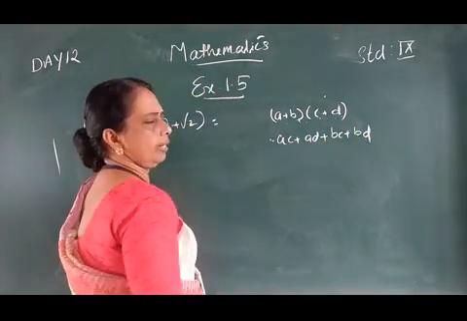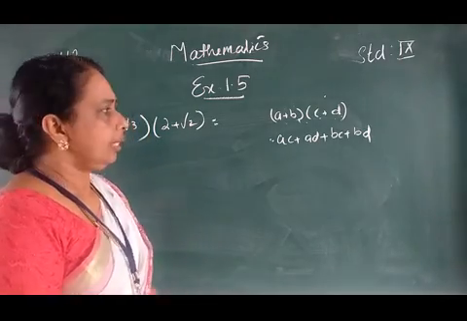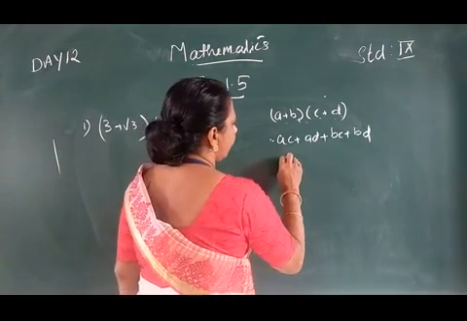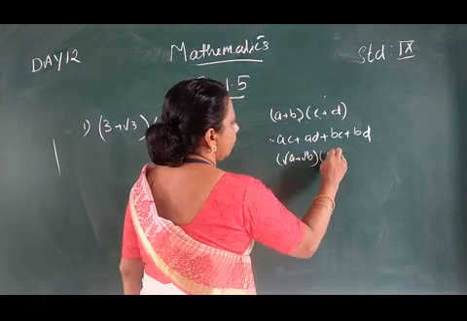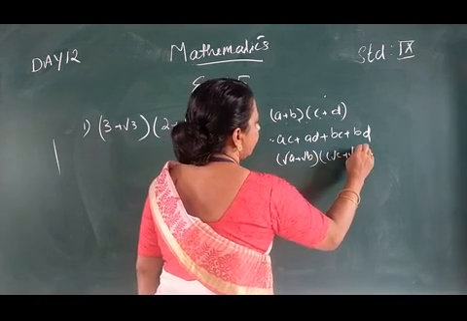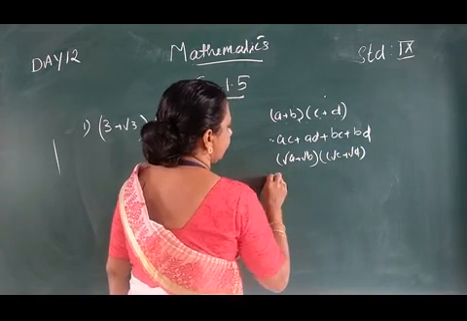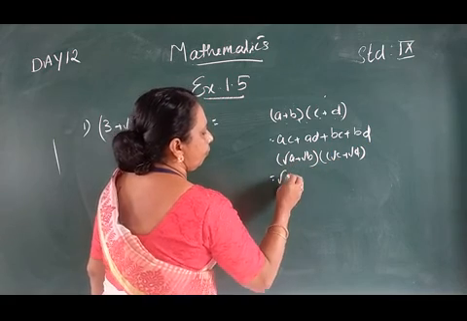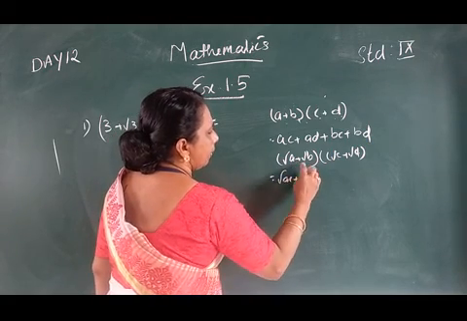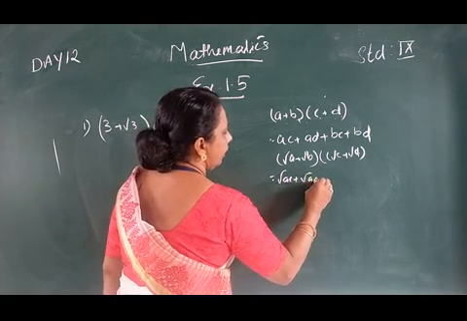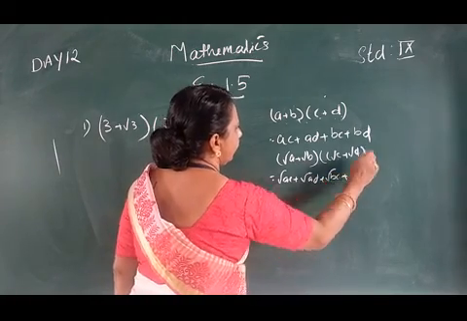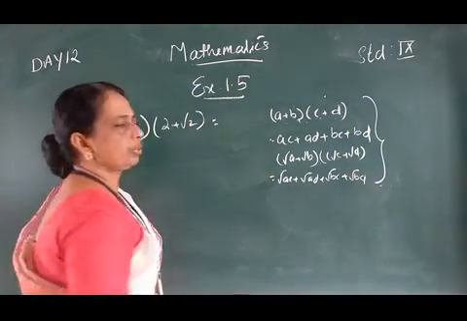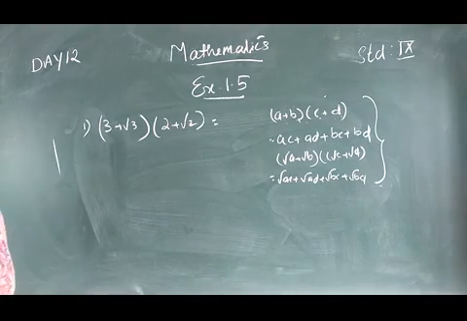You already studied this idea. This one, root A plus root B into root C plus root D, is equal to root of AC plus root of AD plus root of BC plus root of BD. Any one of them we can use.